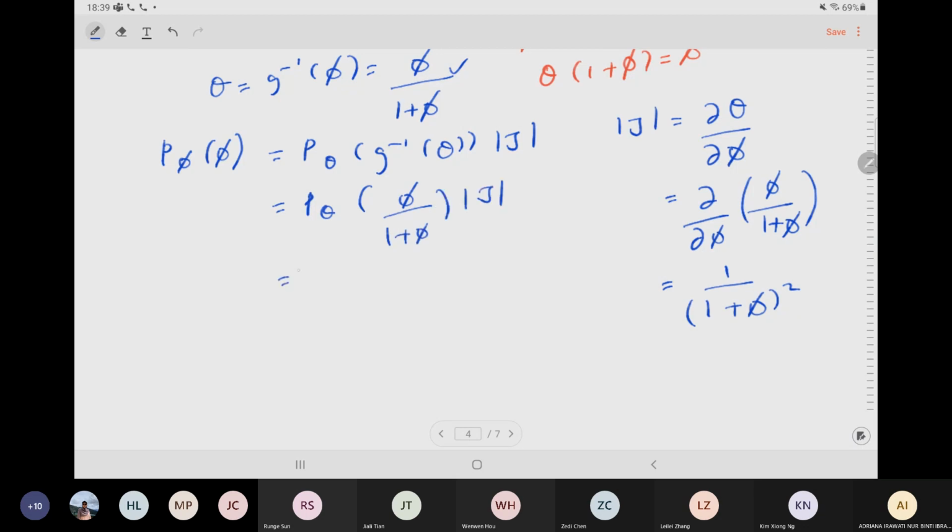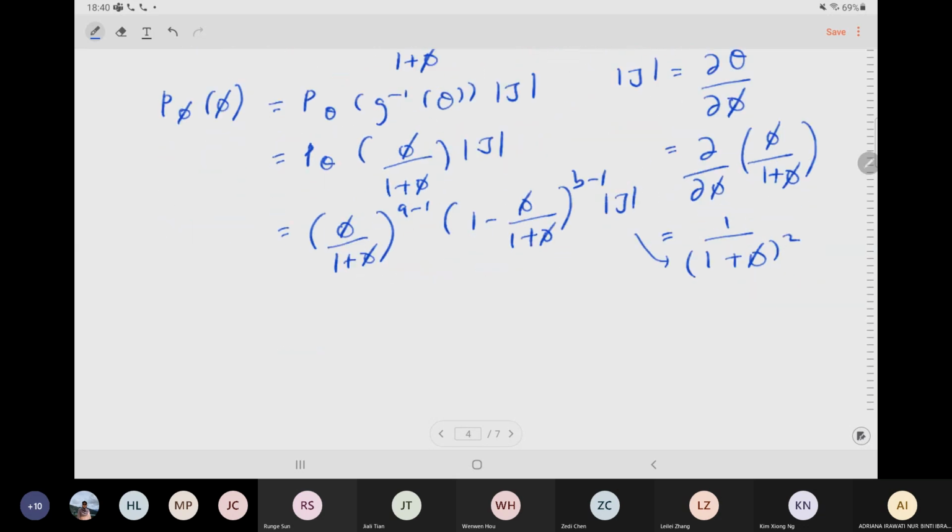So the kernel of the beta just now would be theta to the a minus 1, 1 minus theta to the b minus 1. So we have phi over 1 plus phi to the a minus 1, and then 1 minus phi over 1 plus phi to the b minus 1, multiplied by the Jacobian, which is this one. It's too long to write.